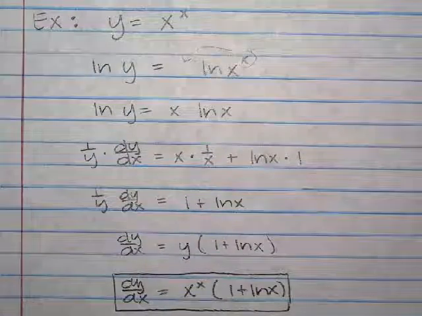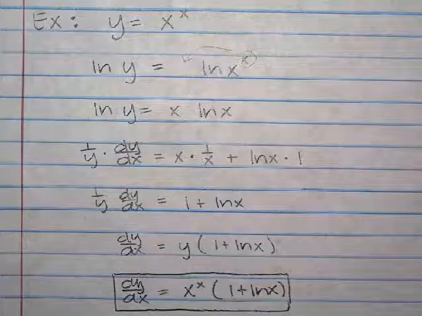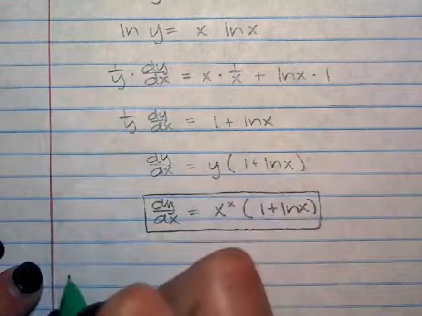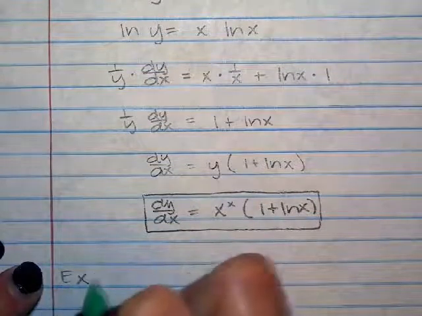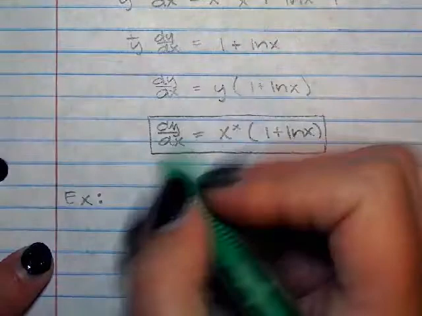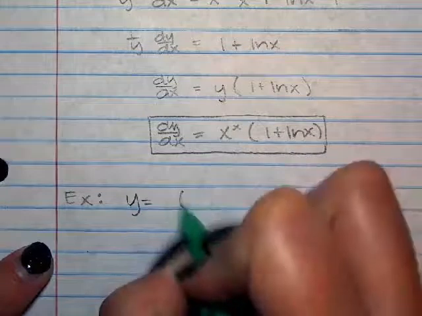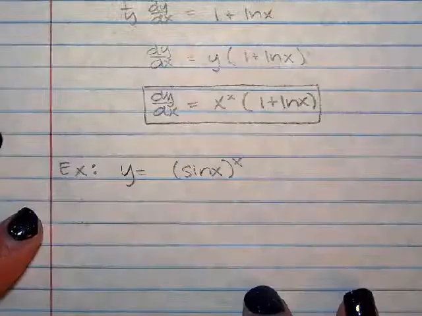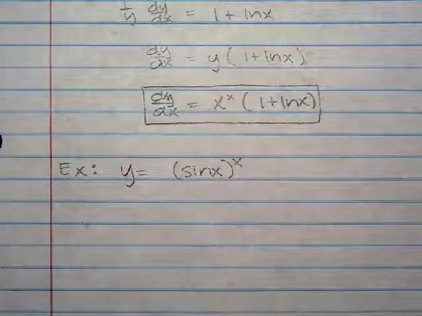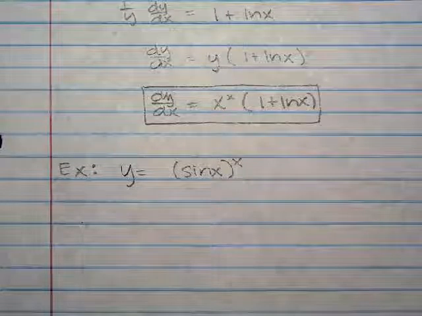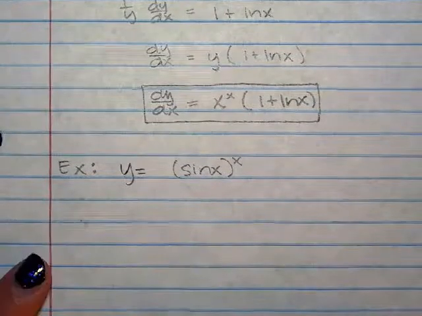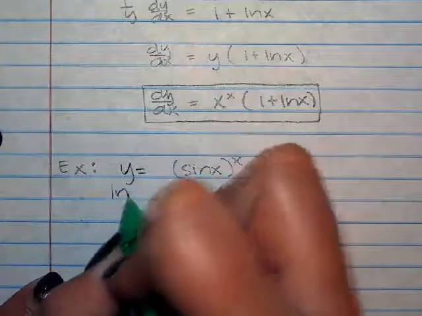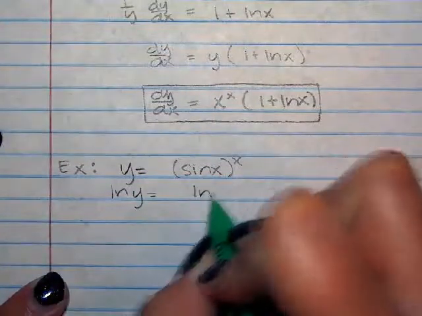So we're going to do y equals sine x to the x. All right, so what should we do? Ln both sides. Take the exponent, move it to the front.